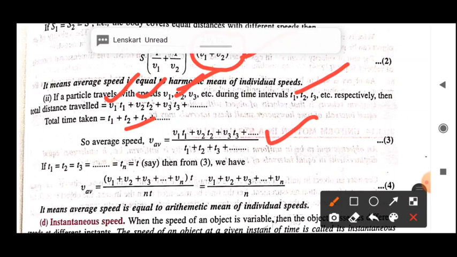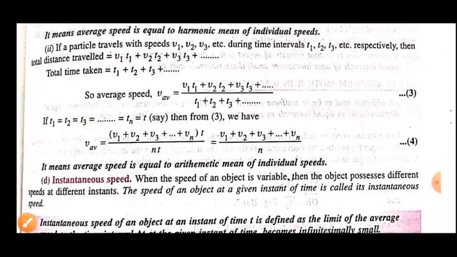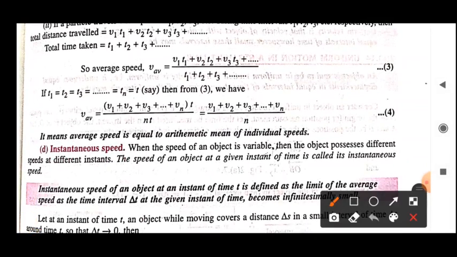By using that, you can derive the formula for the average speed. If intervals are not the same, then this will be the formula, but for the same intervals, means if t1, t2, t3 are all the same, then this will be the formula, and this is simple, the arithmetic mean.